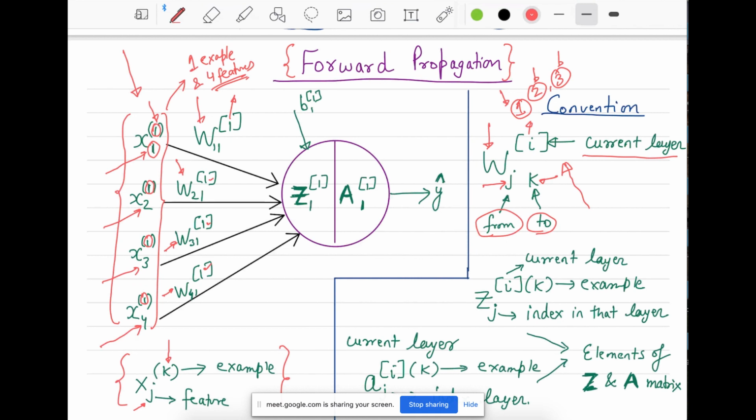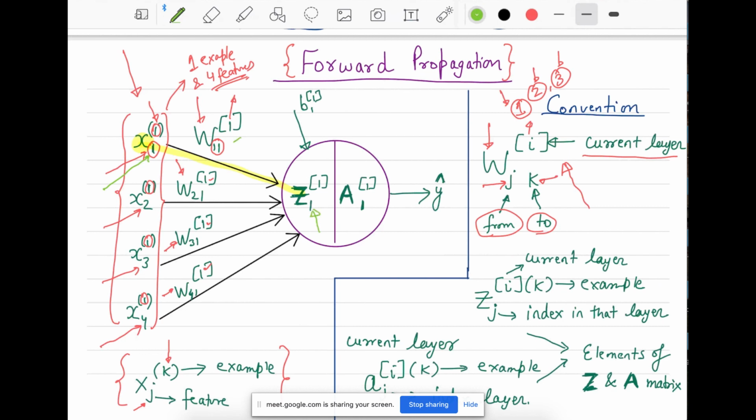But now please focus on this subscript over here. So this is 1 1. Why 1 1? Because you are moving from here to this. So the node is 1 here and 1 at this point.